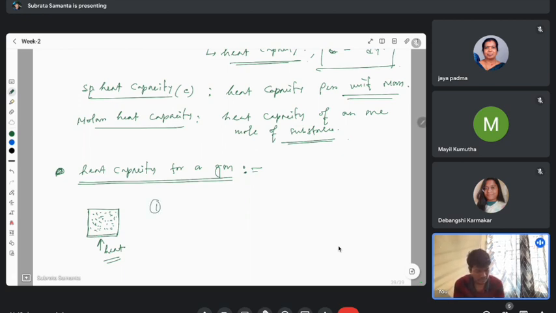One is constant volume. When you add heat, the pressure increases. The heat capacity in this case is called CV, the heat capacity at constant volume.